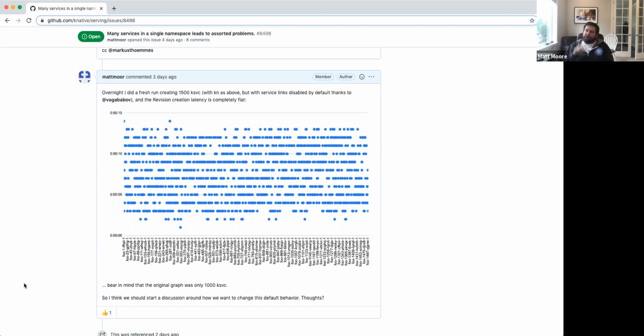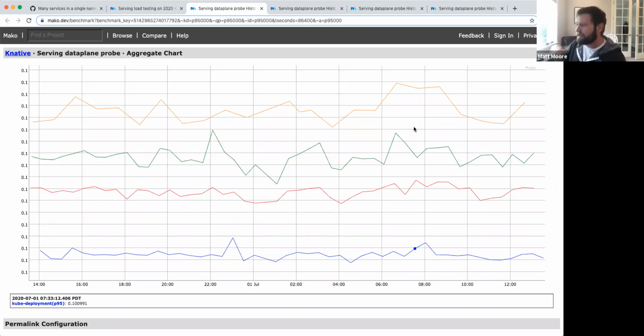We have these really cool graphs; let me stop sharing this and I'll try to pull it up quickly. We basically have ongoing tracking in the community around these metrics. One of the things I was talking about was how we have these layers of hops in the network that we go through to reach your actual application code. What we're looking at now is those layers.